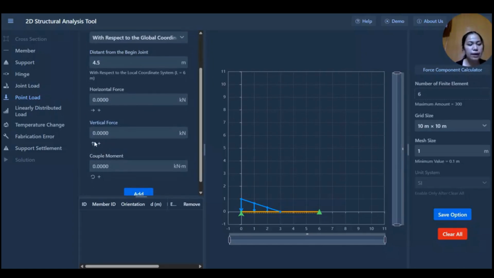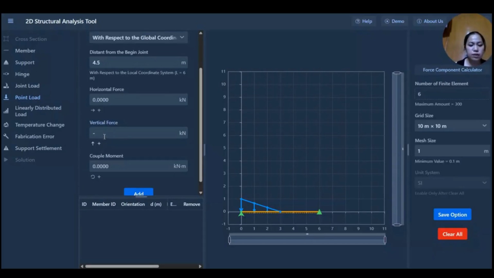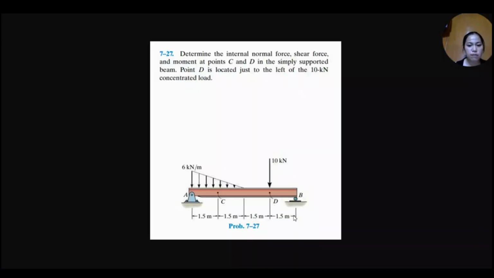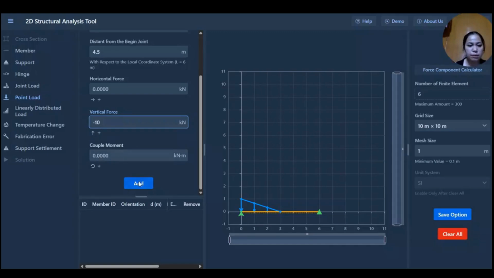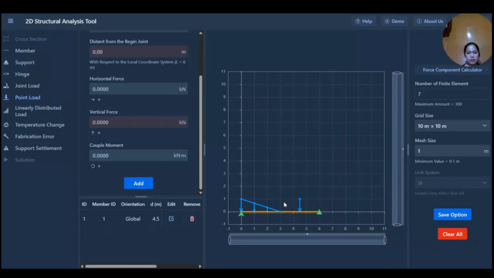Again, our tool takes positive as upward and our load is downward, so we write -10 kilonewton. We don't have any couple moment, so we keep it 0. Then we click add. So this is the free body diagram of our exercise.